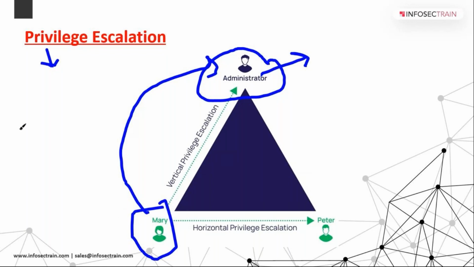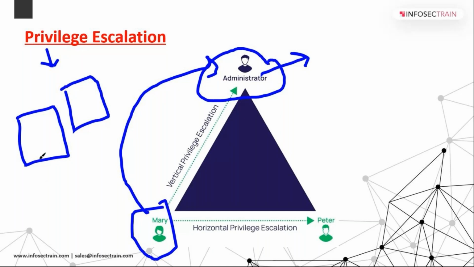Let's say, for example, there are two servers inside an organization. Mary is only provided access to this particular server in place, but for the second server, she is not.